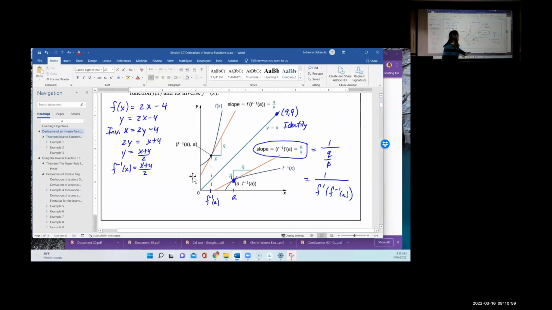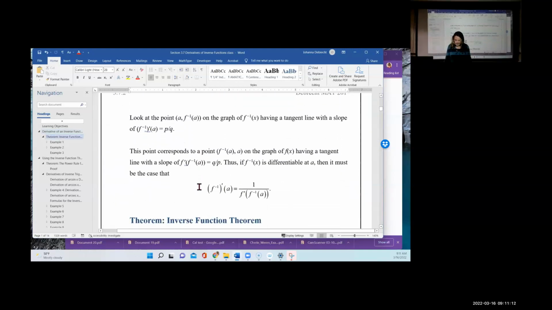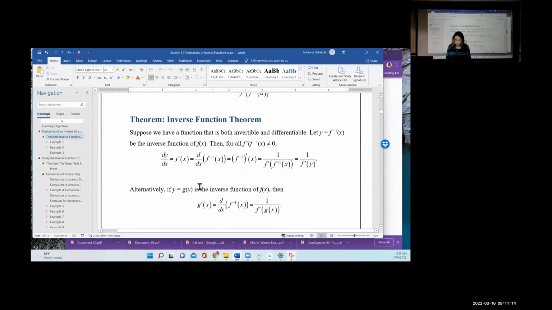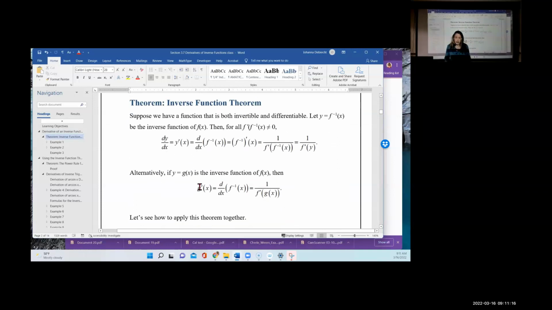That would be all this work that we did here on the left. This is the process of finding the inverse function. So it's not a trivial formula to use. It's something that requires quite a bit of work to do. So again, we primarily use this in order to find the derivative of inverse trig functions.